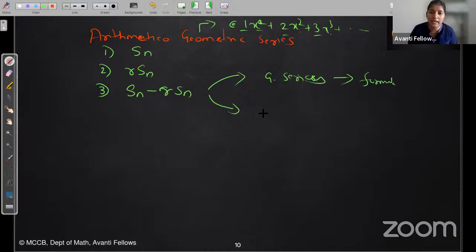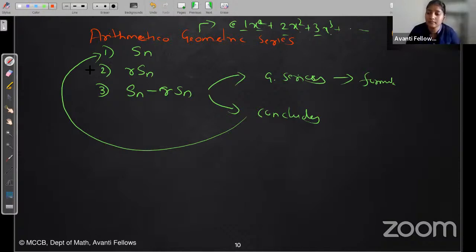If we're not able to conclude it as any series, then we repeat the step. So this is the procedure to solve an arithmetico-geometric series. I hope you are remembering it. This is clear to you all, right?